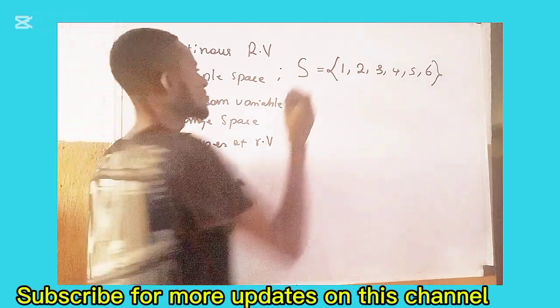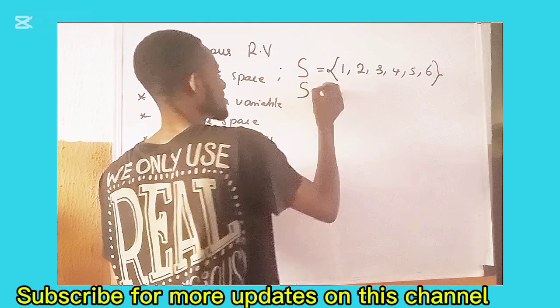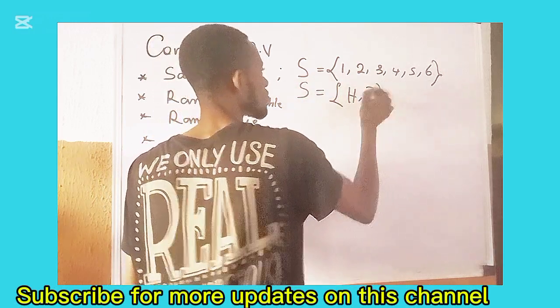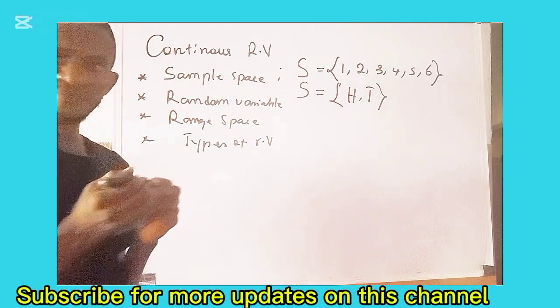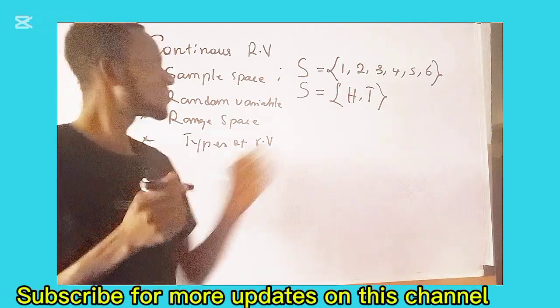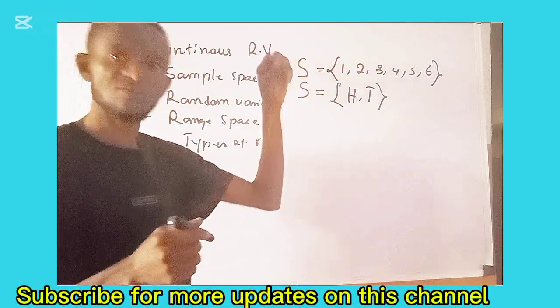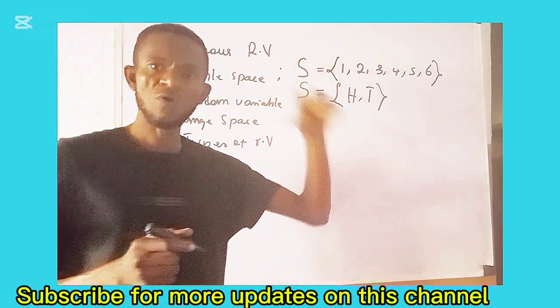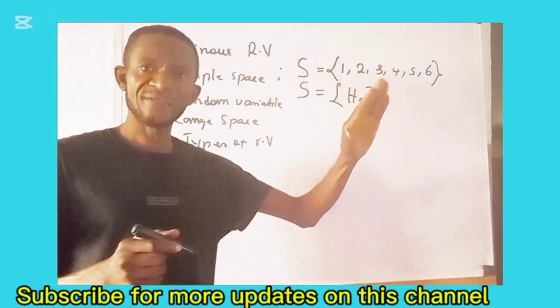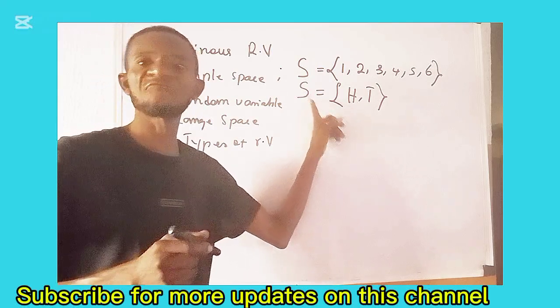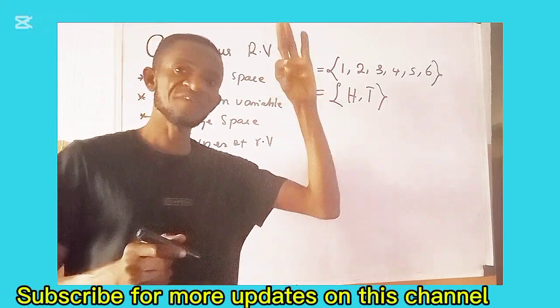Therefore, the sample space is now going to be given as S equals {H, T}, which is head and tail. This is a sample space of an experiment involving the roll of a fair die. This is a sample space of an experiment involving the toss of a fair coin.